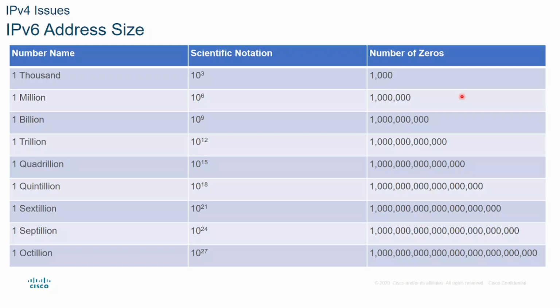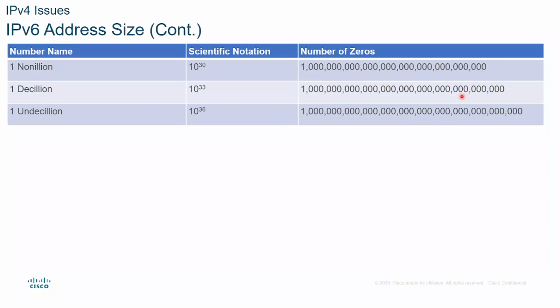So we needed more space, and IPv6 can provide for the amount of IP addresses needed by those IoT devices.